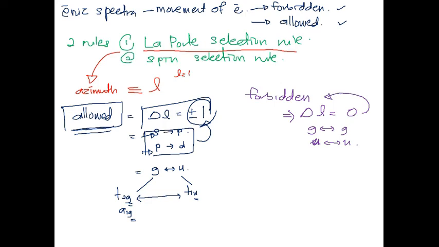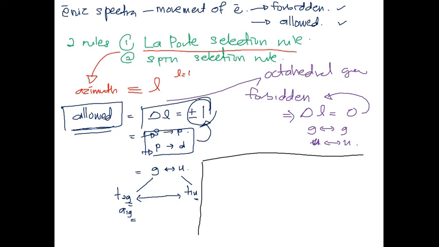Okay, and another one. These rules are based on octahedral geometry. So what about tetrahedral? For a tetrahedral, you have 4 bonds.